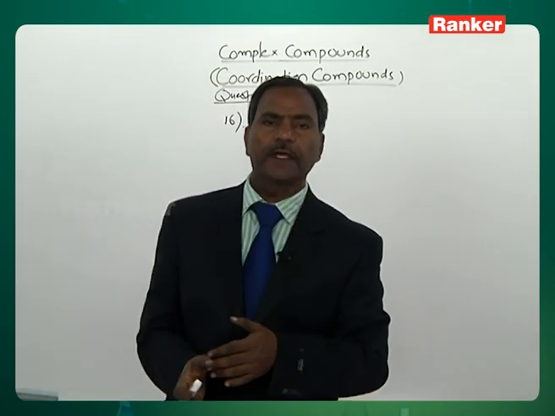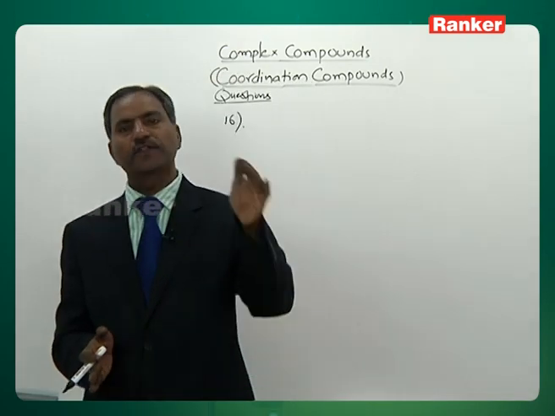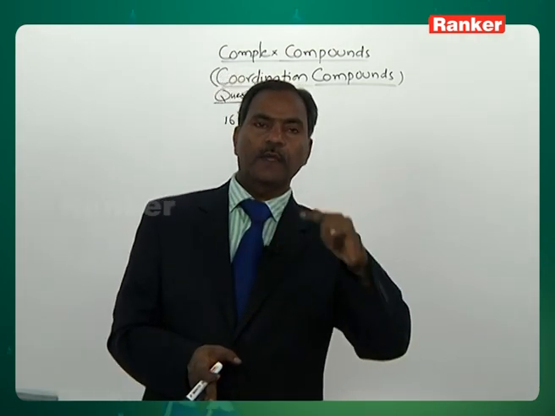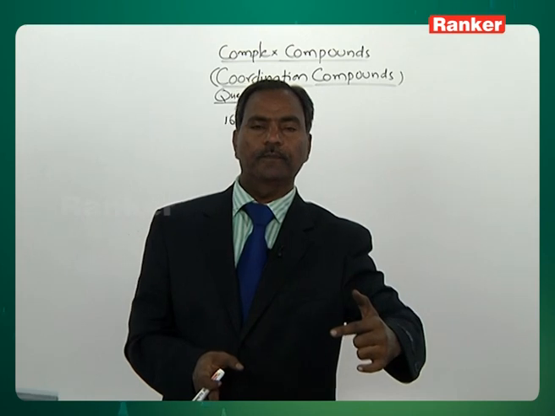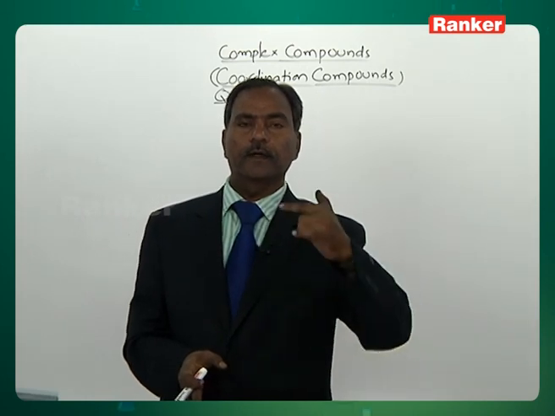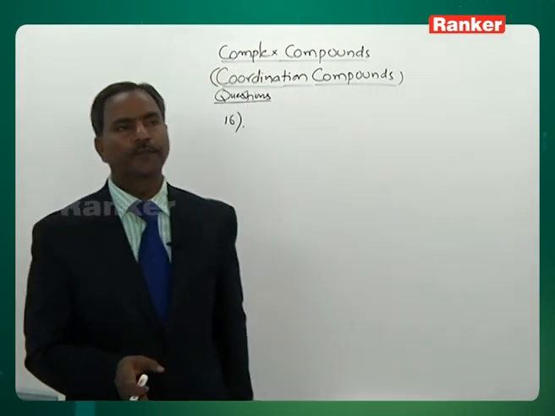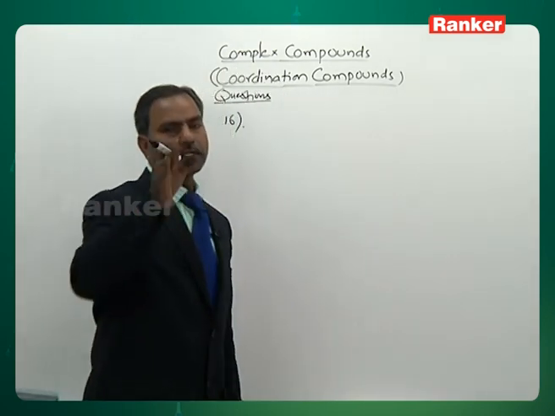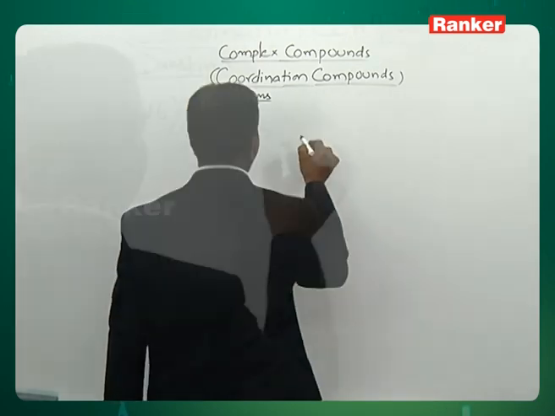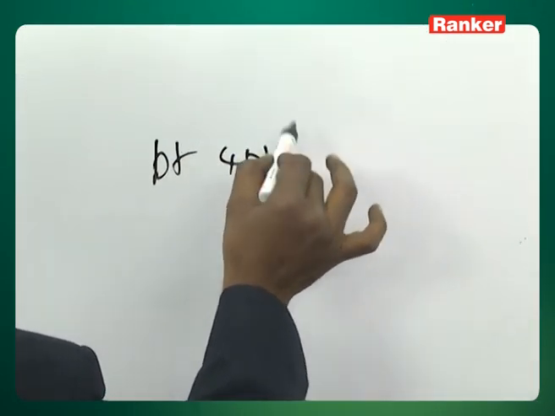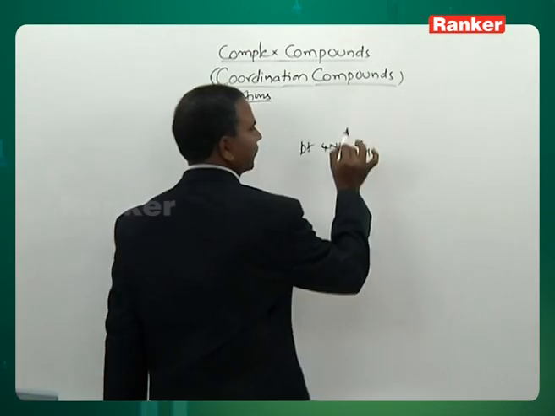Such a ligand is shown by a dotted line and also by a solid line. Such a ligand is exhibiting dual character. Now in this particular question, what complex is given? Pt 4NH3 Cl4.